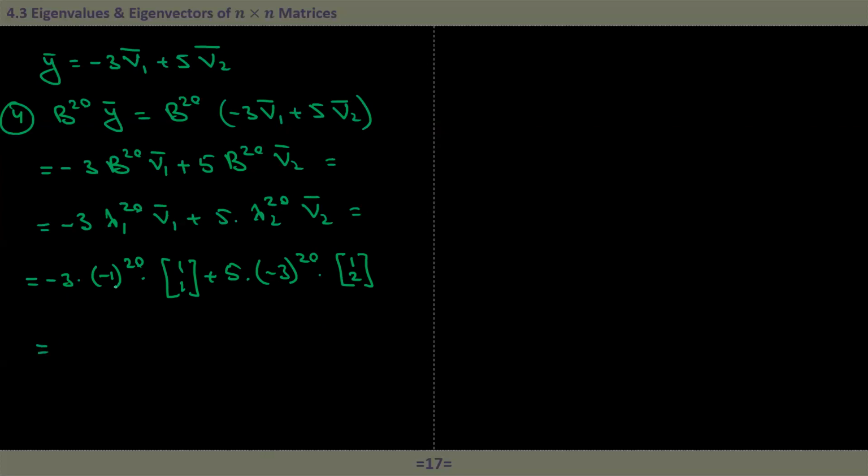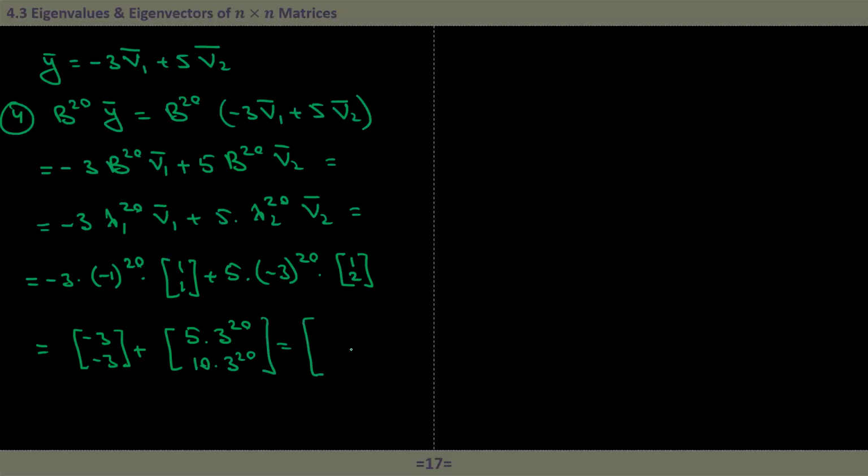So negative 1 to the power of 20 is equal to 1, and multiply this thing by negative 3. So here we have negative 3 and negative 3, plus, and how about here? It is plus because 20 is an even number. So here we have 5 times 3 to the power of 20, and 2 times 5 is 10, 10 times 3 to the power of 20.